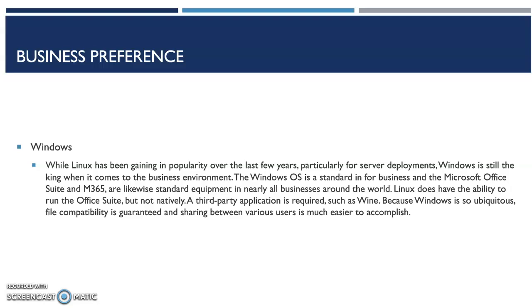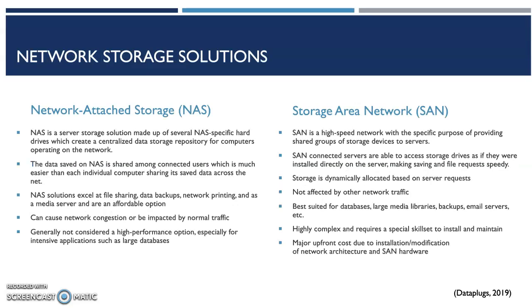File compatibility is guaranteed when we're talking about two different users in different businesses that need to share data. If they're sharing things that are coming out of Windows or coming out of Microsoft Office Suite, that compatibility is guaranteed.